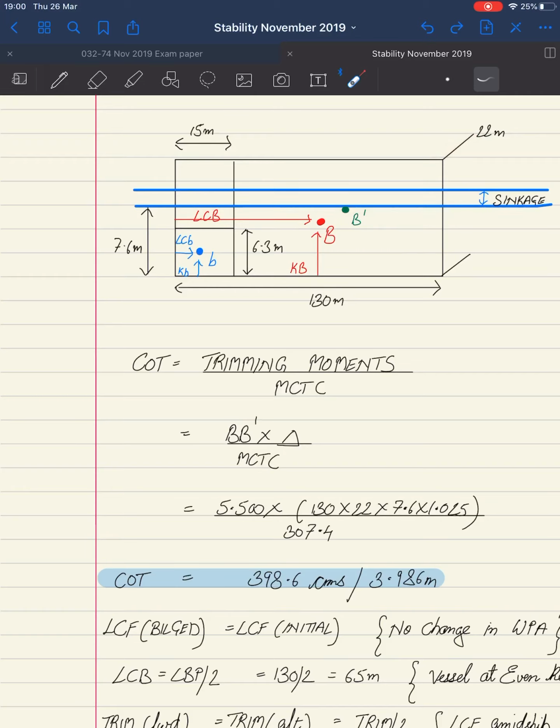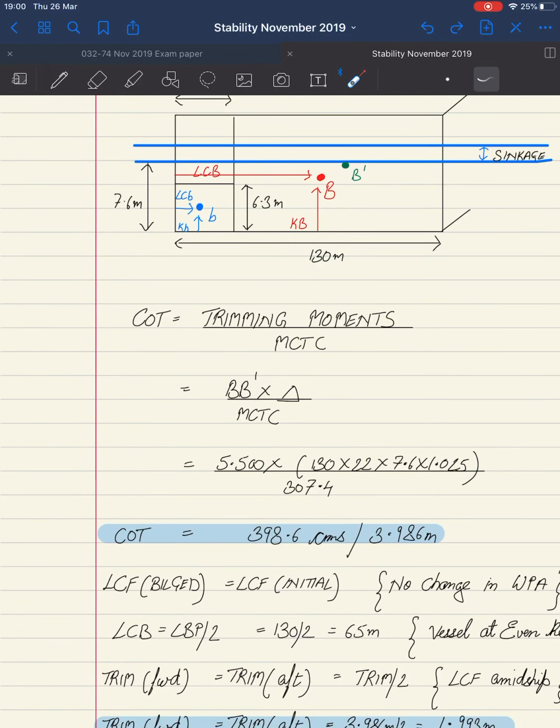So our water plane area is length times the breadth. When the vessel got flooded, this became our final water line, and our intact length still remains the same and the breadth still remains the same. So the water plane area, as the formula is length times the breadth, hasn't changed.